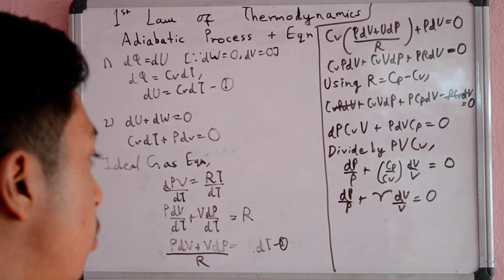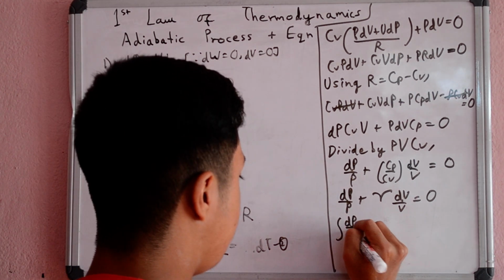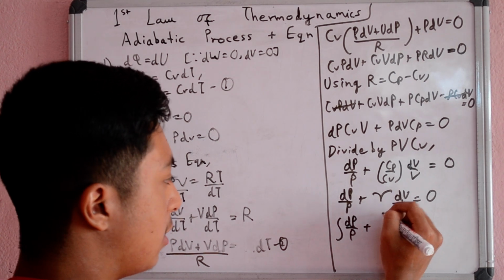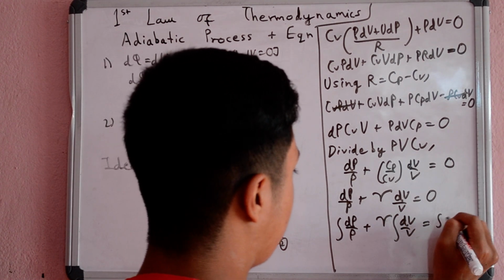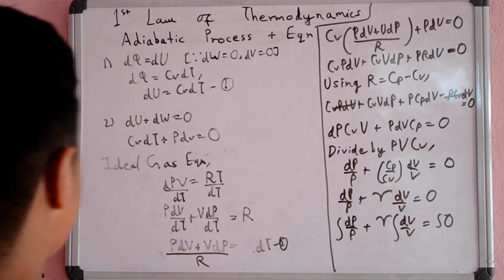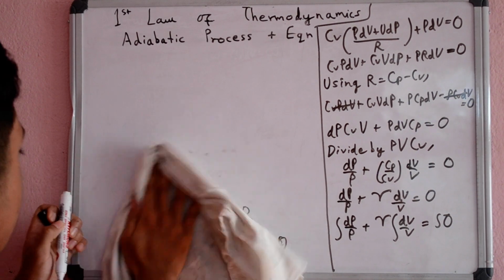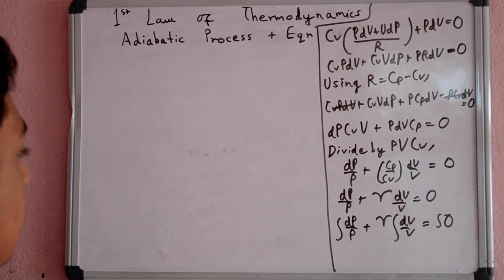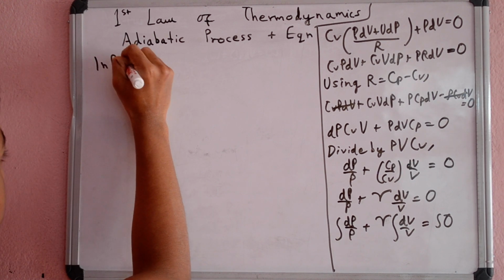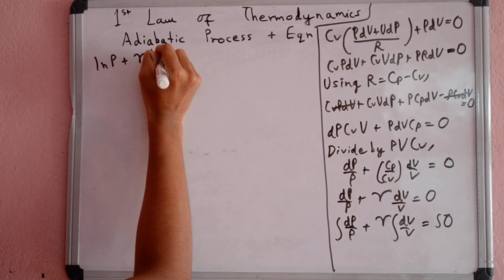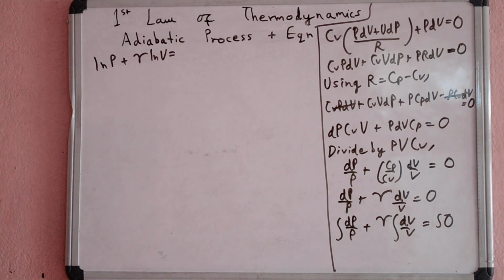Now we integrate both sides. This becomes the integration of dP/P plus, with the constant going outside the integration, gamma times the integration of dV/V, equals the integration of 0. The integration of a derivative divided by its function is the natural log of the function, so we get ln P plus gamma ln V equals a constant.